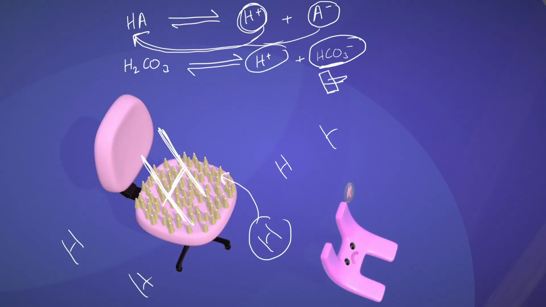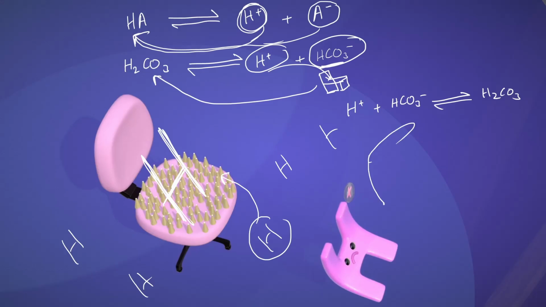This chair can take up this proton, and it can go back into H2CO3. What I mean is that H positive plus HCO3 negative can combine back to form H2CO3. But what if this chair has lots of spikes? It's a big, rigid, uncomfortable, metallic chair.